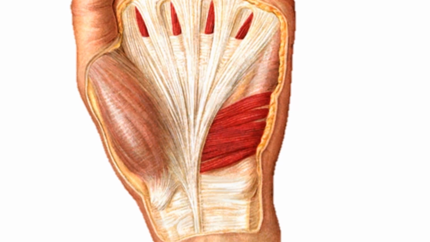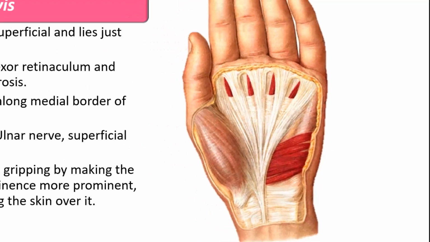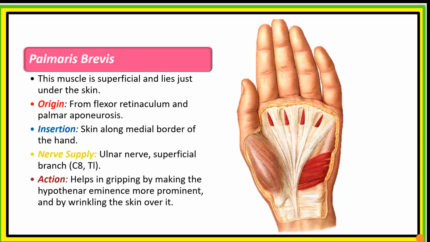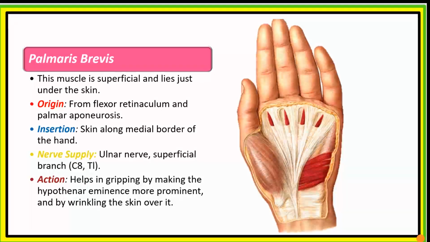It also has subcutaneous insertion, and this is at the skin along the medial border of the hand. As we noted in the slide we just saw, the innervation is from the superficial branch of the ulnar nerve. The action is to enable gripping by making the hypothenar eminence more prominent and by wrinkling the skin over it.